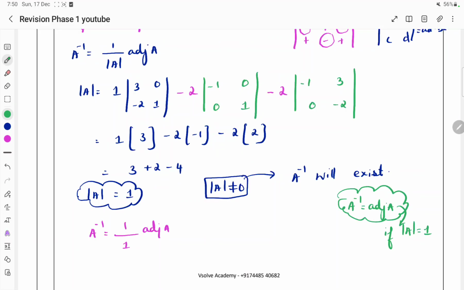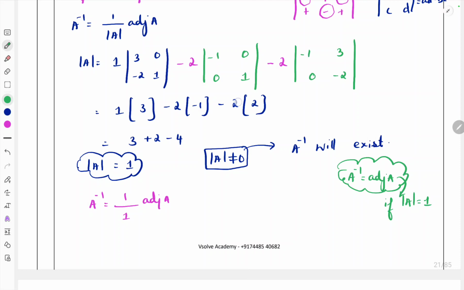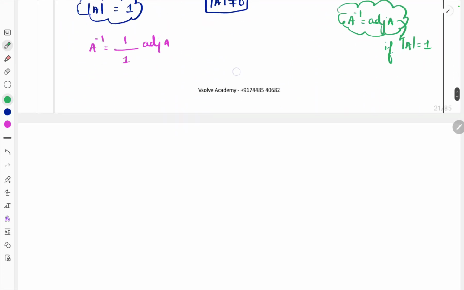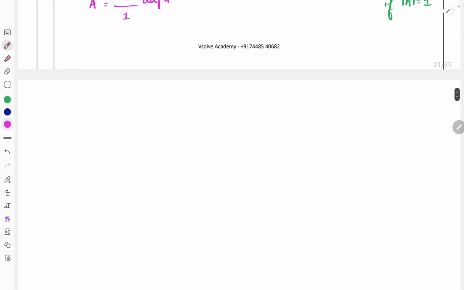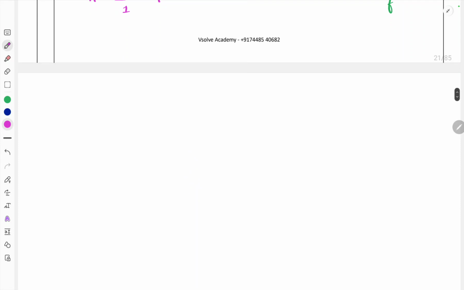Now we will see the shortcut to find the adjoint of A. Suppose we have matrix A equal to A, B, C, D, E, F, G, H, I. So we have to find the adjoint of A. Adjoint of A we can find directly without finding minor and cofactor.